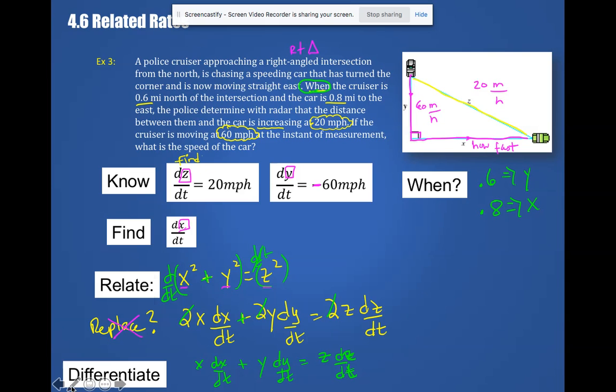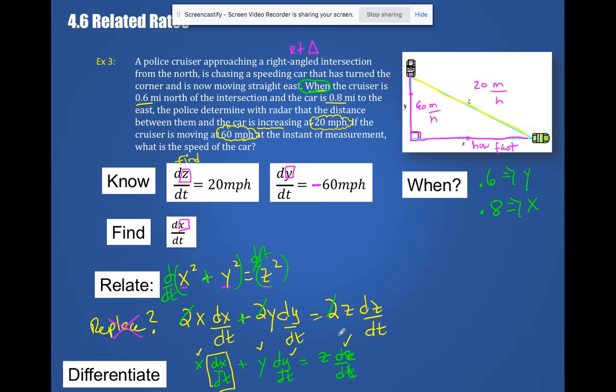Cool. So I'm going to be plugging in for X, 0.8. dx dt is what I'm trying to find. I'm going to put in for y, 0.6. dy dt is something I know. And I know dz dt.